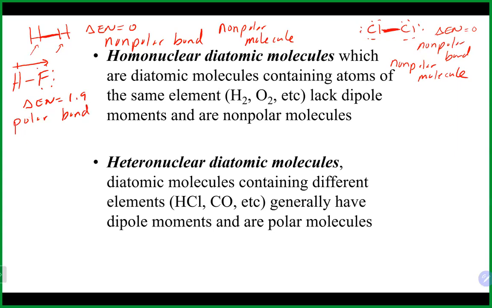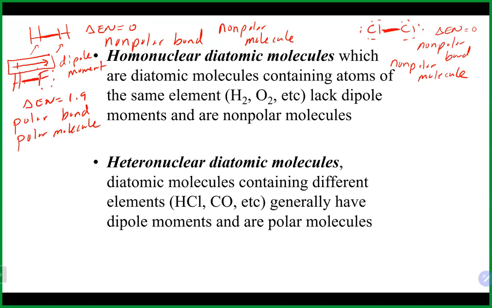Again, drawing the arrow pointing towards the fluorine, which is more electronegative, hydrogen being more positive. And because this bond, once again, is the only bond that we see there, that would mean that this guy also has to be a polar molecule. That also means that this right here, that arrow that I drew, would be the dipole moment, where the fluorine in this case is more negative and the hydrogen is more positive in this case.